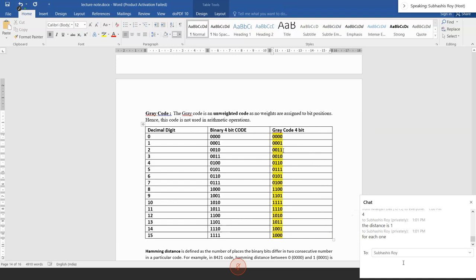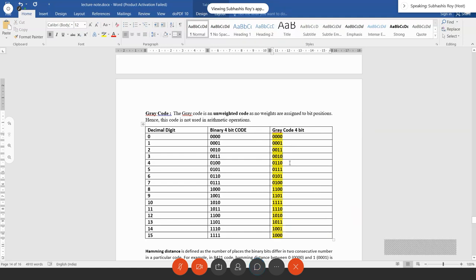Yes, the Hamming distance is 1. Exactly, the Hamming distance is constant here. Whenever you take any combination, you take 4 5, you take 6 7, you will see only one bit position will change. One bit position will change. So that means the Hamming distance is 1.